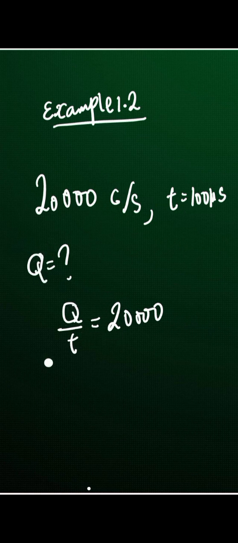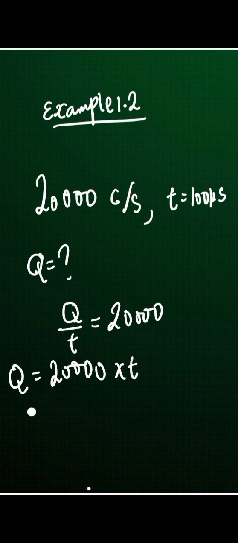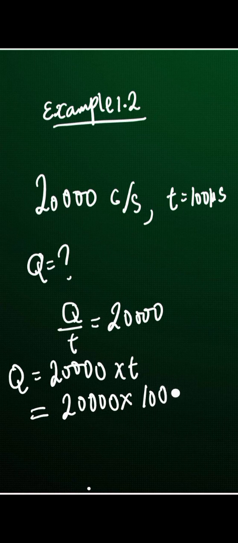So in this case, make use of the formula. Q will be equal to 20,000 times T. And what is T? T is the same thing as 100 microseconds, and the value for micro is 10 raised to the power minus 6.